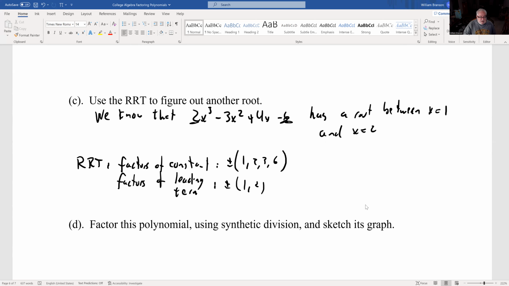And we know that any possible rational root has to have one of these numbers in the top and one of these numbers in the bottom. So the possible rational roots are 1 over 1, 2 over 1, 3 over 1, 6 over 1, or 1 over 2, 2 over 2, 3 over 2, or 6 over 2.